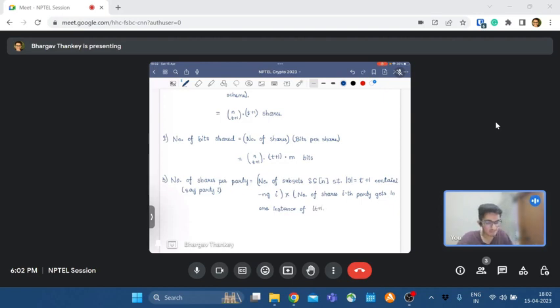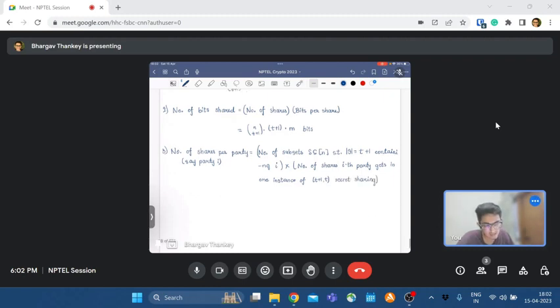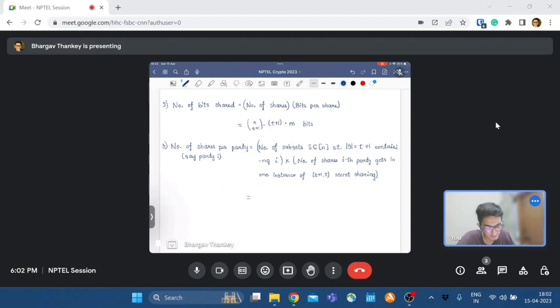Now, how many subsets of size t plus 1 are there which contain i? Well, i is already in the set, so we are left with n minus 1 elements from which we can pick t elements, so it's n minus 1 choose t. And how many shares does one party get in one instance of t plus 1 comma t secret sharing? Well, it just gets one share.